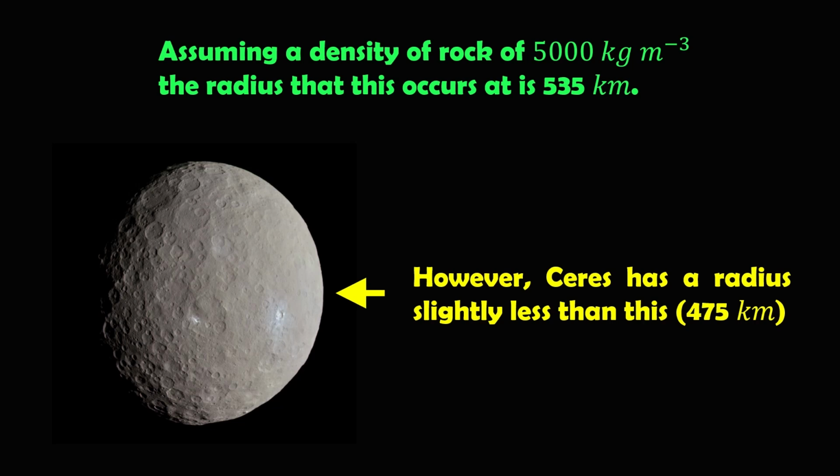So we've done a fairly rough approximation here, but it's fairly close. And Ceres is pretty much going to be at the limit of that. It could be that the density for Ceres is not what we've used here, and the fact that the density changes as a function of r as well. But nonetheless, it gives us a rough idea, and Ceres is pretty much at the limit for being spherical.